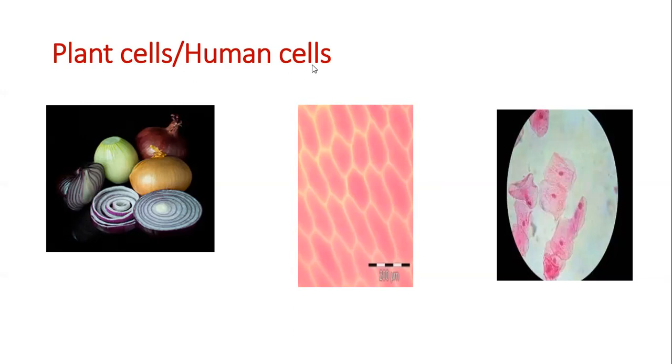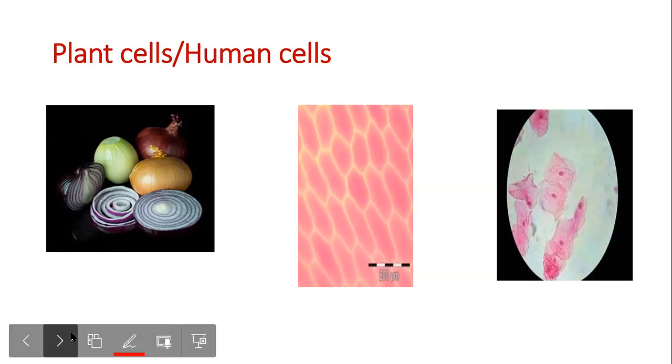To observe human cells, you can take a swab of your cheek cells and observe it under the microscope. This is how a human cheek cell looks, and this is how a plant cell looks. The center of the cell, which is taking the stain, you can see more clearly. This is called the nucleus. We'll talk about this in a later slide.